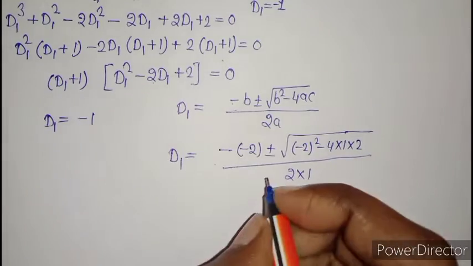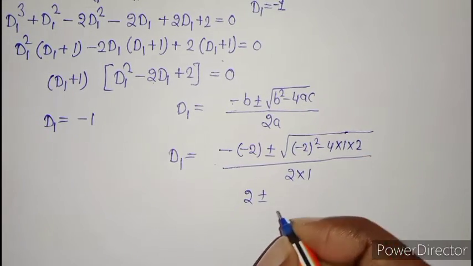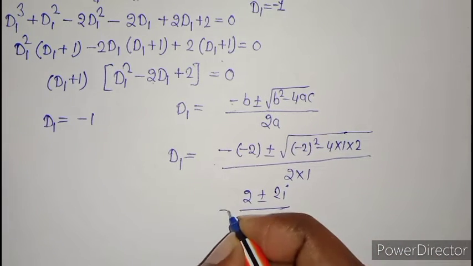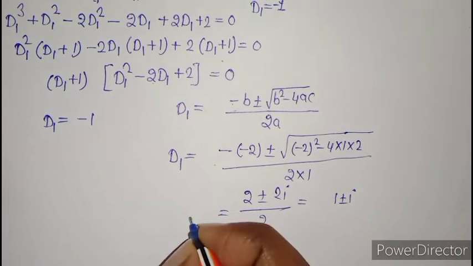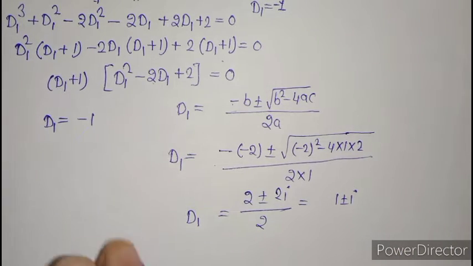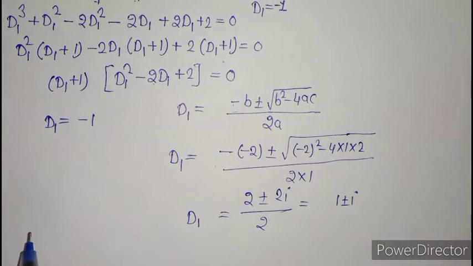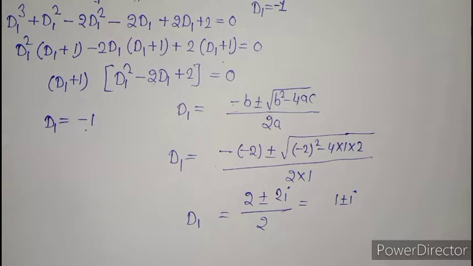After solving, we get 2 plus minus under root of 4 minus 8, that is 2i, by 2, which is 1 plus minus i. So here we get 3 roots of this equation, in which one root is real and negative, and the other 2 roots are imaginary.